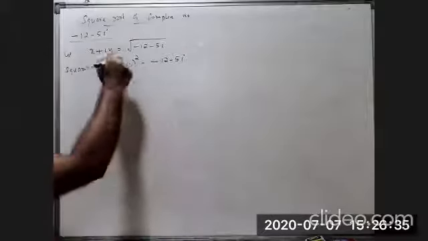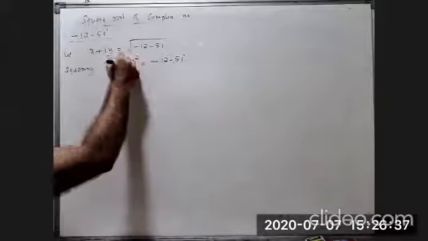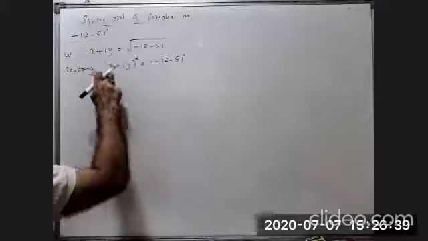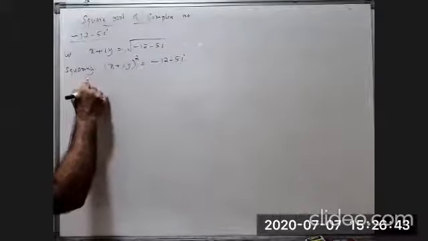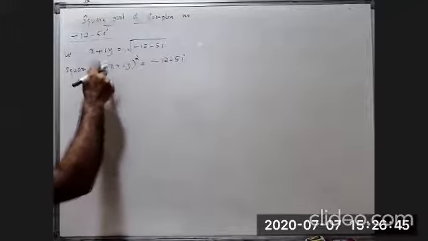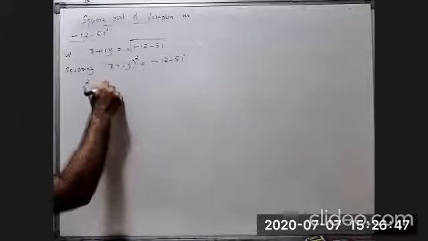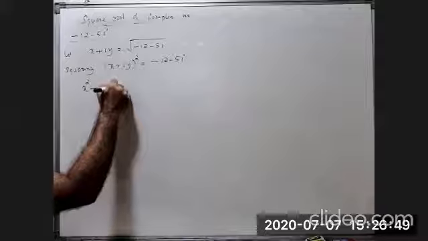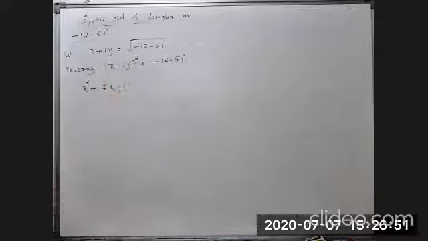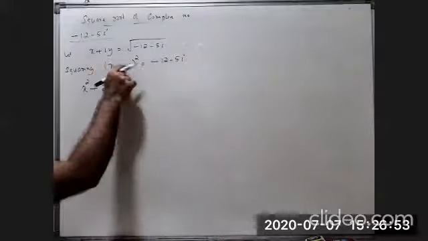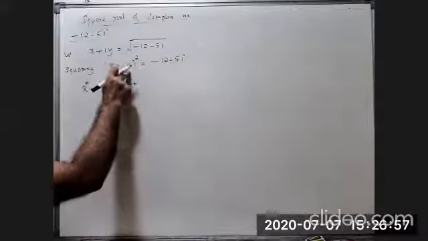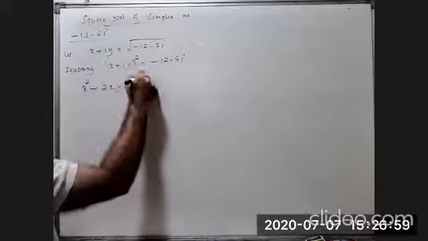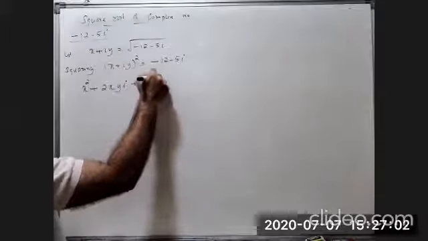Now we can expand this, a plus b the whole square: a square plus 2ab plus b square. 2ab is 2xy into i, and b square is i square y square.